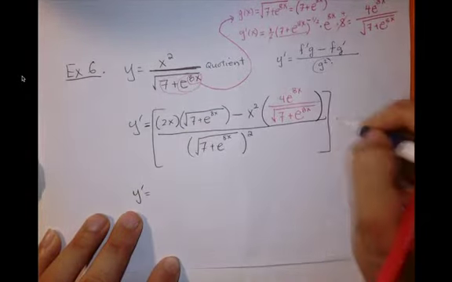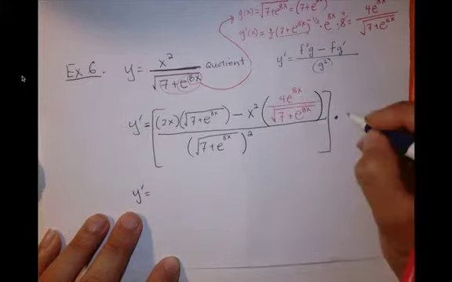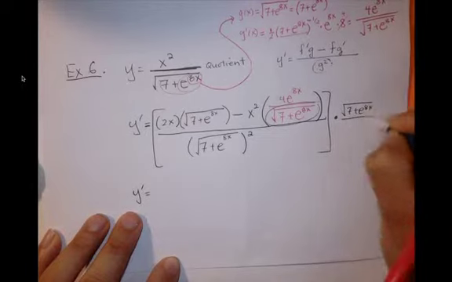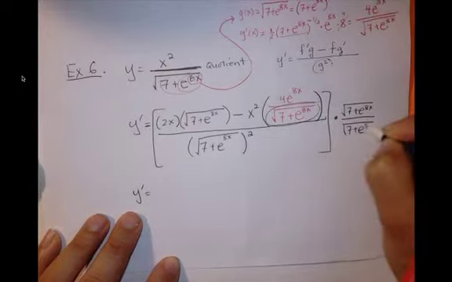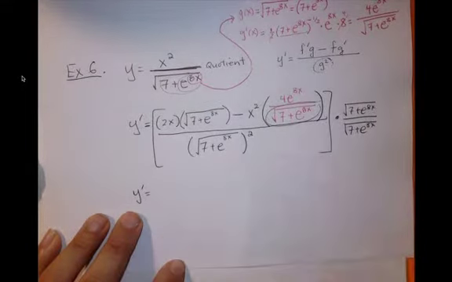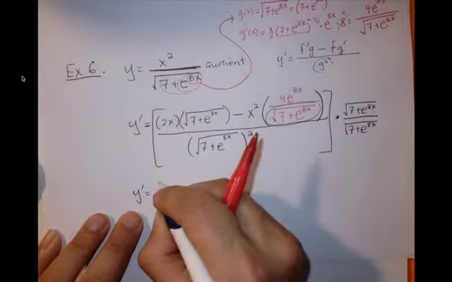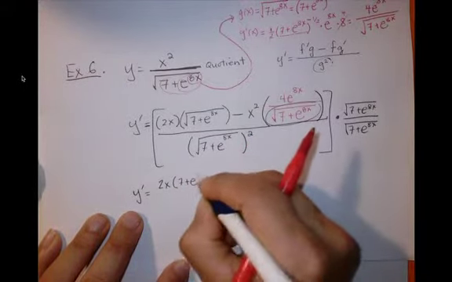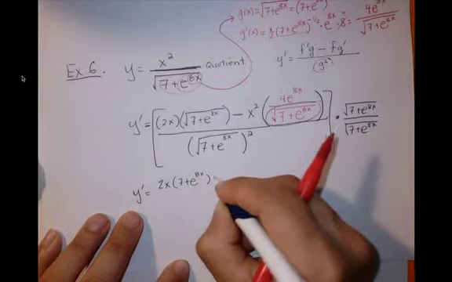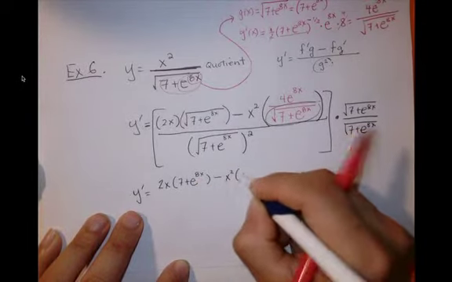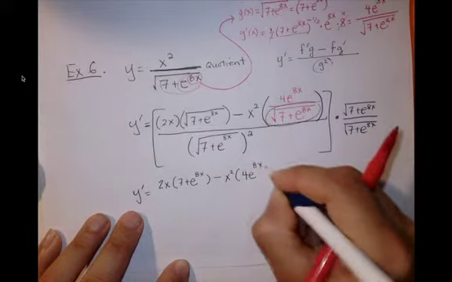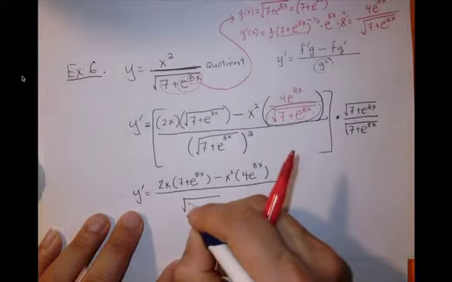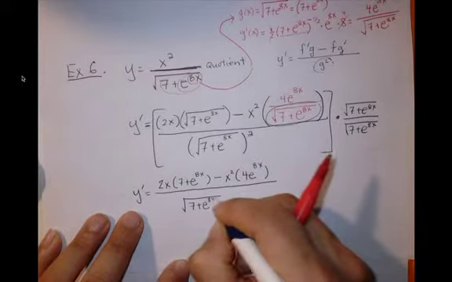And what I'm going to do is, I don't like having fractions inside of fractions, so I'm going to multiply by this denominator so I can clear it. And that's going to leave me with 2x times 7 plus e to the 8x minus x squared times 4e to the 8x all over 7 plus e to the 8x.